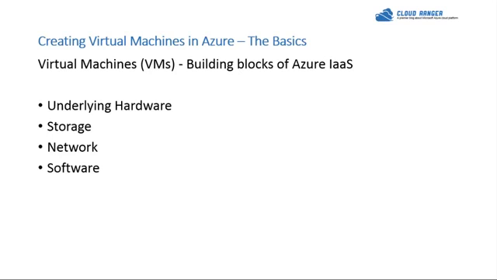The next thing is software, and by software here I mean the operating system. Like for example, you use Microsoft servers, Windows Server, or Windows client operating systems, or Linux, or any other operating system that you are going to run. And in Azure, those are provided to you in OS images, pre-built images, or you can also create an image of your own in Azure.